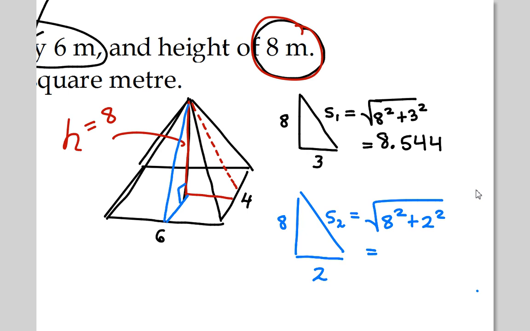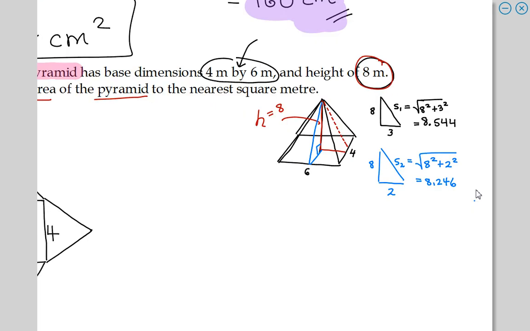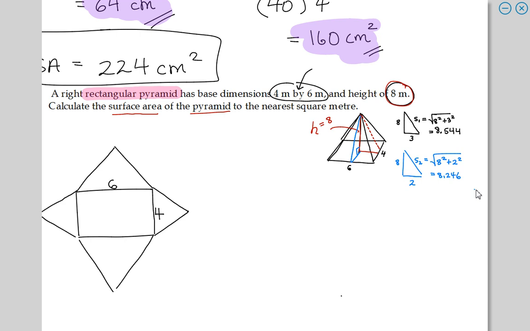I got 8.246. So those are the 2 slants on the 3-dimensional pyramid that I'm going to use for the 2-dimensional faces to calculate the area of a triangle.